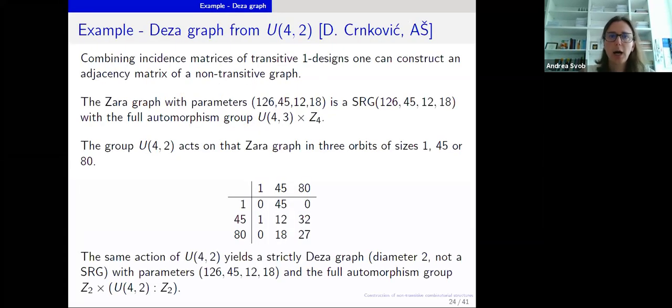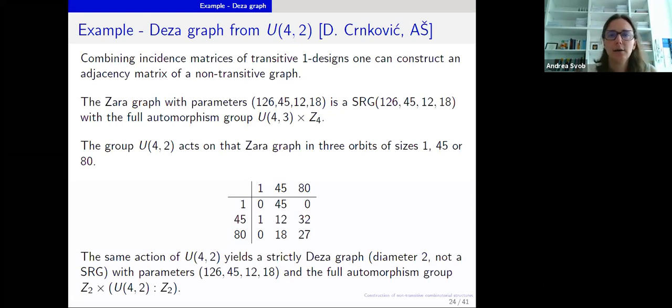Excellent. So how can we construct non-transitive combinatorial structures using these approaches that I have been explaining so far?